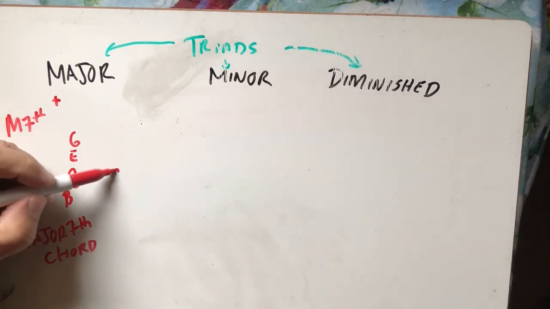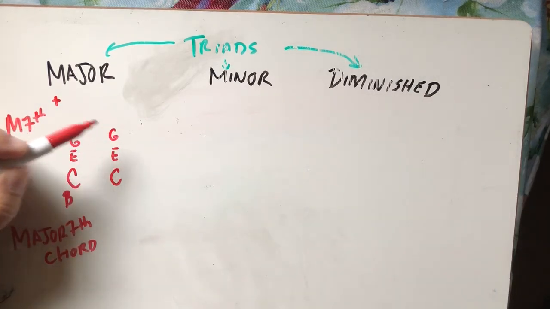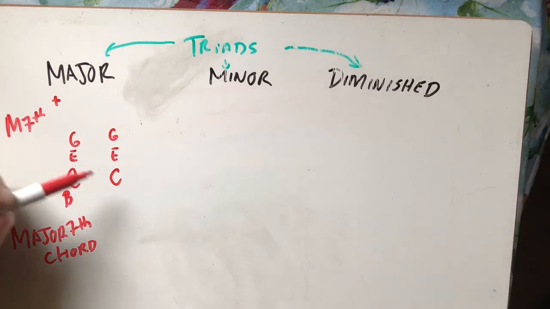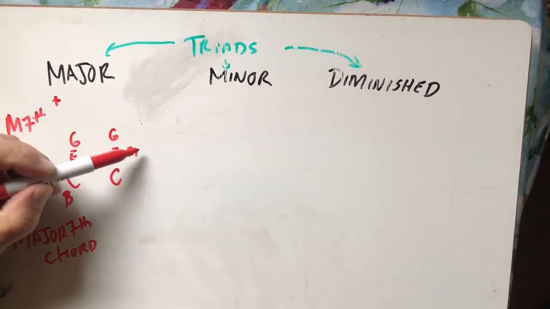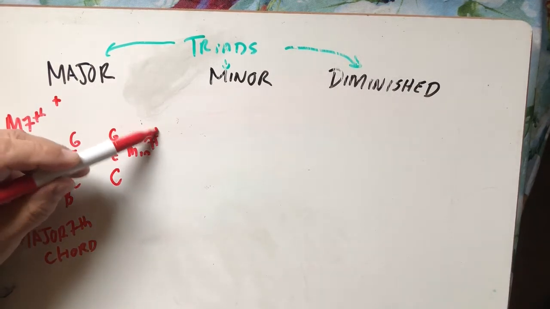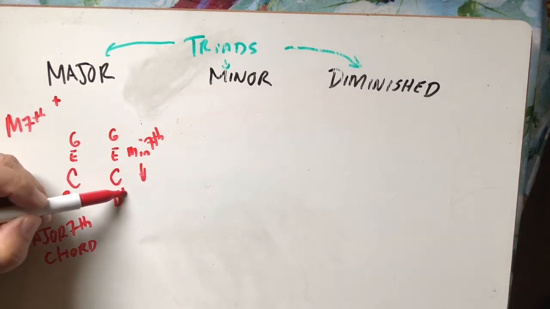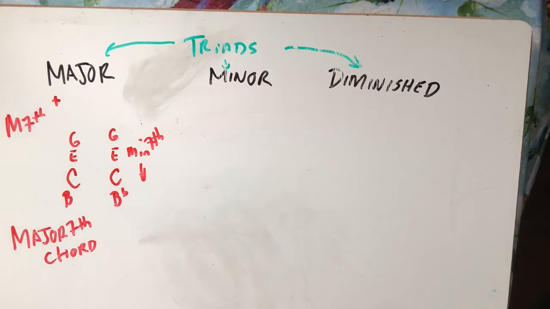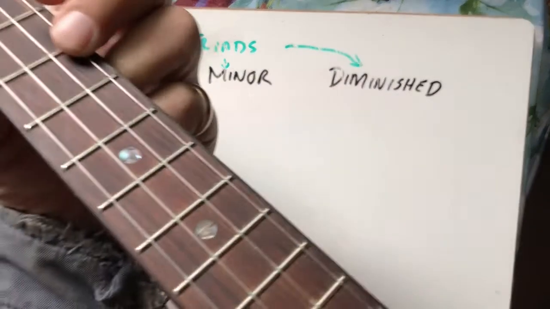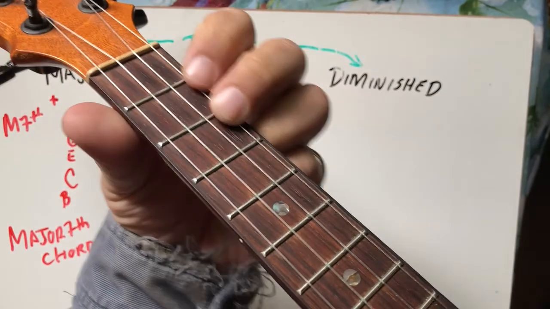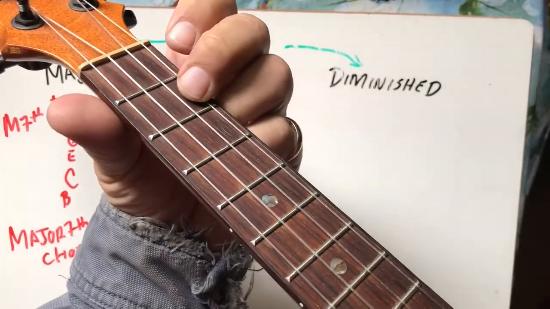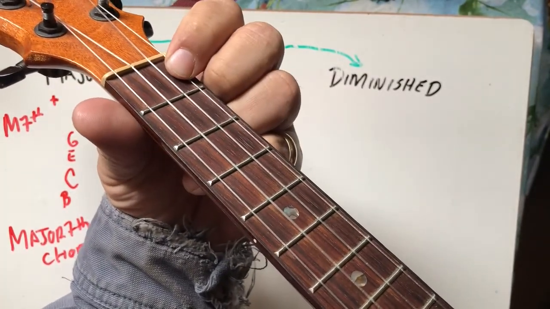Now, if we take a major triad, C, E, G, and we go down a minor 7th down, right? That would give us not B, but B flat, okay? And that would give us a different sound. And you've seen this already because you've played your C chord, C major 7th, and then you learned that's C7.